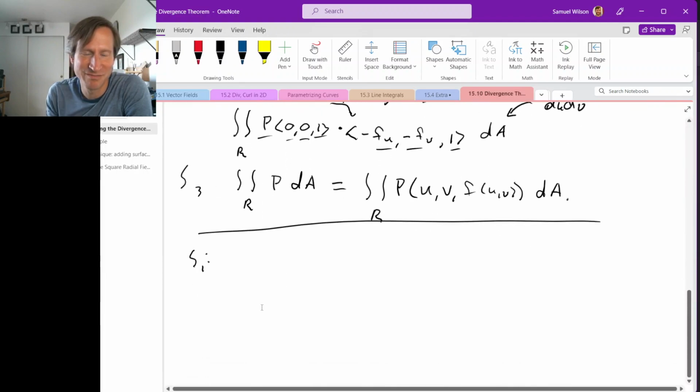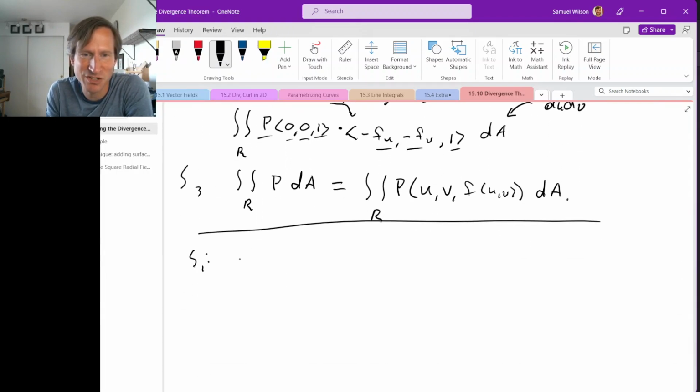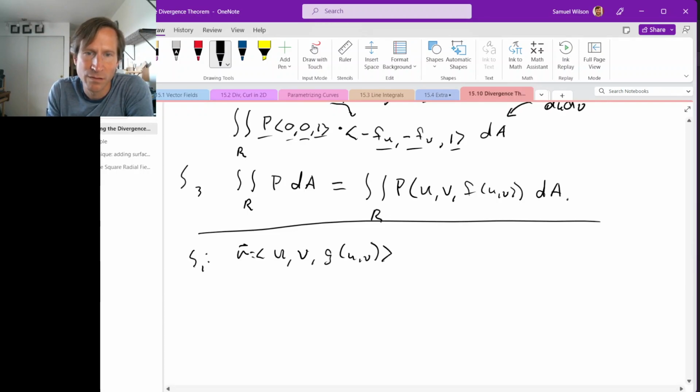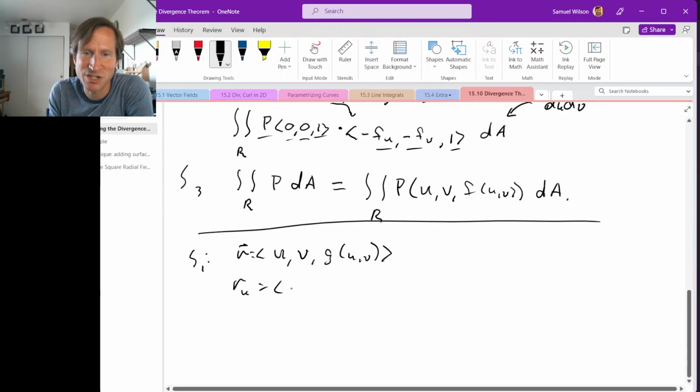So we'll have to be careful about our orientations. For this one, our graph parameterization is (u, v, g of u, v). Our partial with respect to u is (1, 0, g sub u). Our partial with respect to v is (0, 1, g sub v).